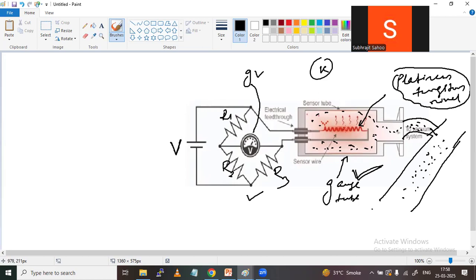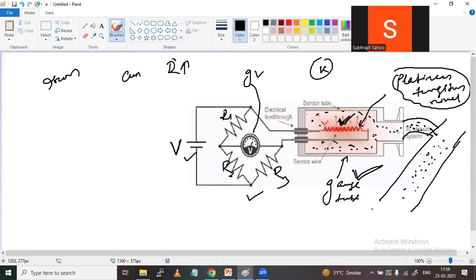This wire gets heated first, because whenever current flows, the resistance gets heated, just like an iron or a room heater, some heating equipment. Whenever you give current, the coil gets heated. In the same way, I give current here and it is heated, meaning some temperature is generated here.